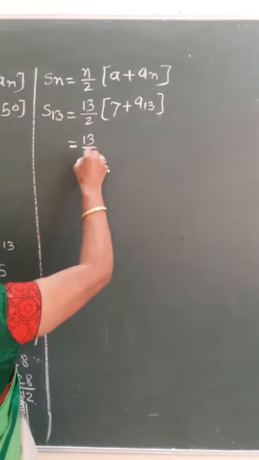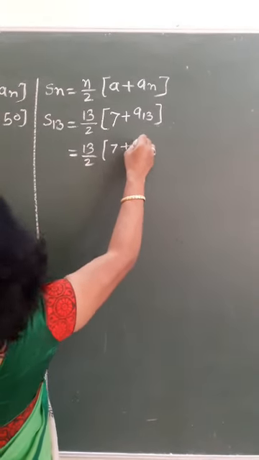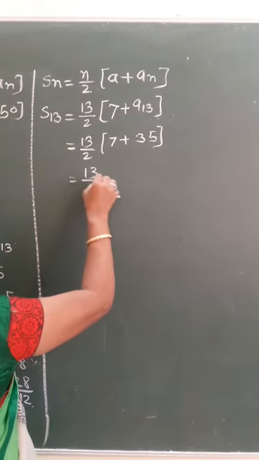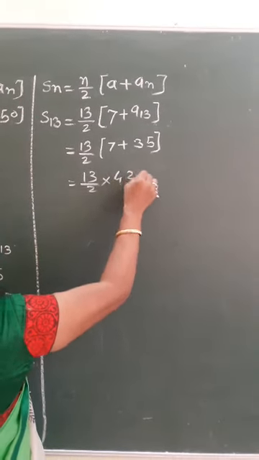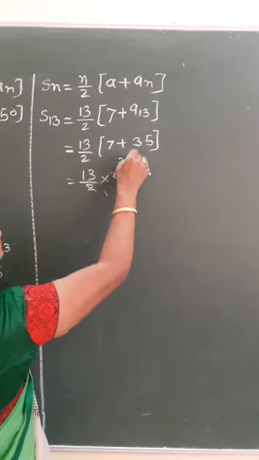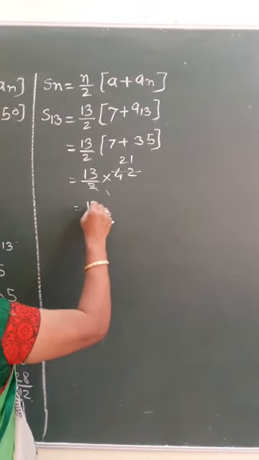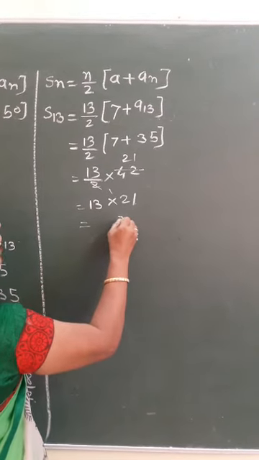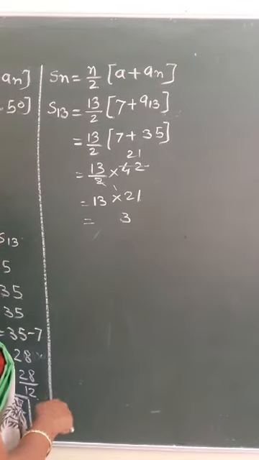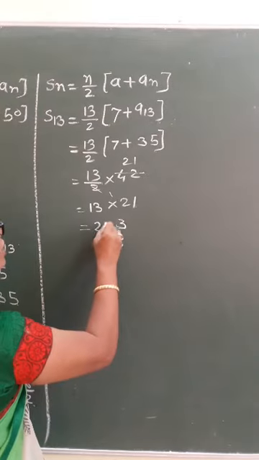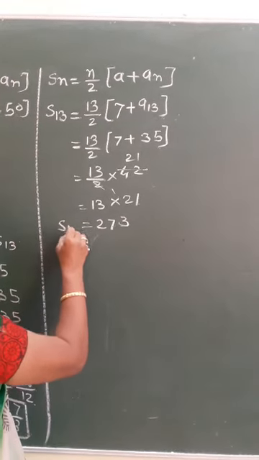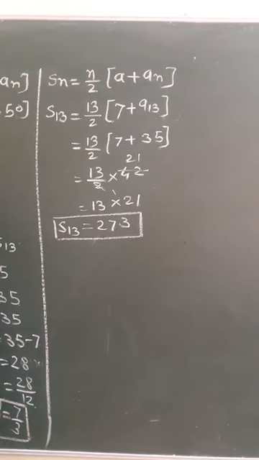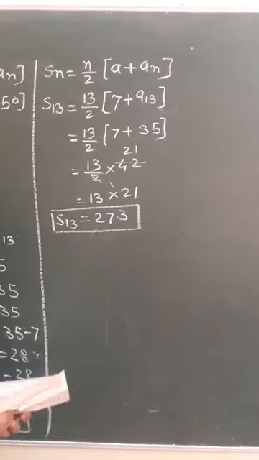So 13 divided by 2, 7 plus 35, which is 42, and 2 ones are 2, 21. So 13 multiplied by 21: 13 ones are 13, 13 twos are 26 plus 1 is 27. So S13, the sum of 13 terms, is equal to 273.